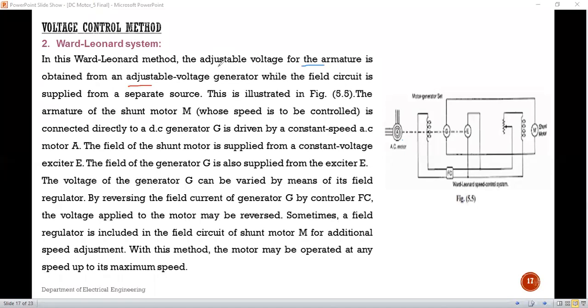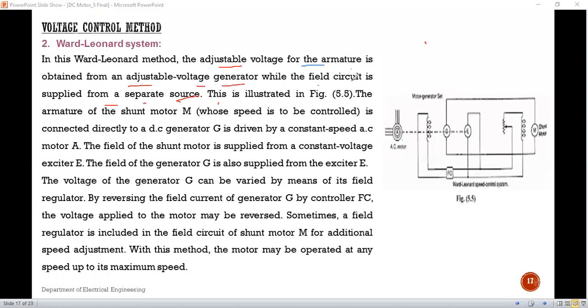That means the varying voltage is obtained from a voltage generator, and this voltage is applied to the motor. While the field circuit of the motor is supplied from a separate source, that is, a separate DC source.